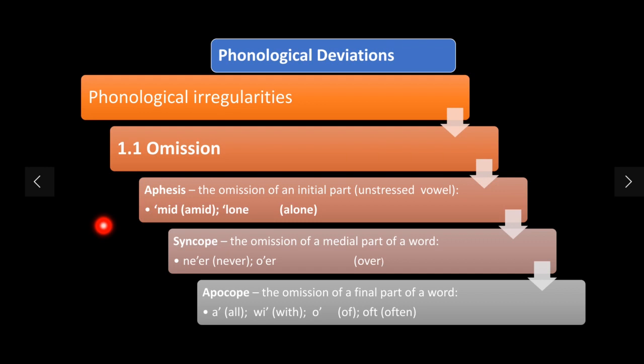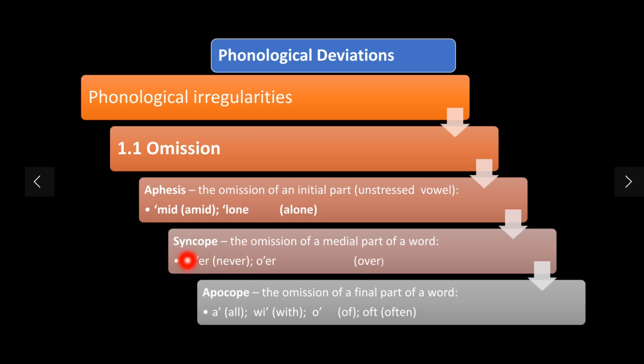Now this phonological irregularity may be due to syncope. What is syncope? Syncope is the omission of a medial part of a word. You will have a word and a letter would be omitted from the middle of that word.